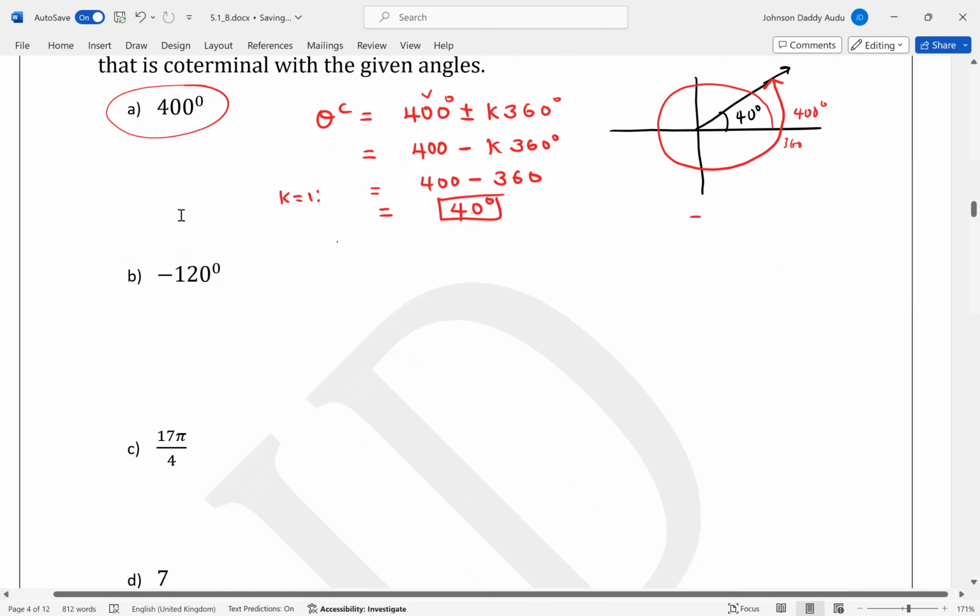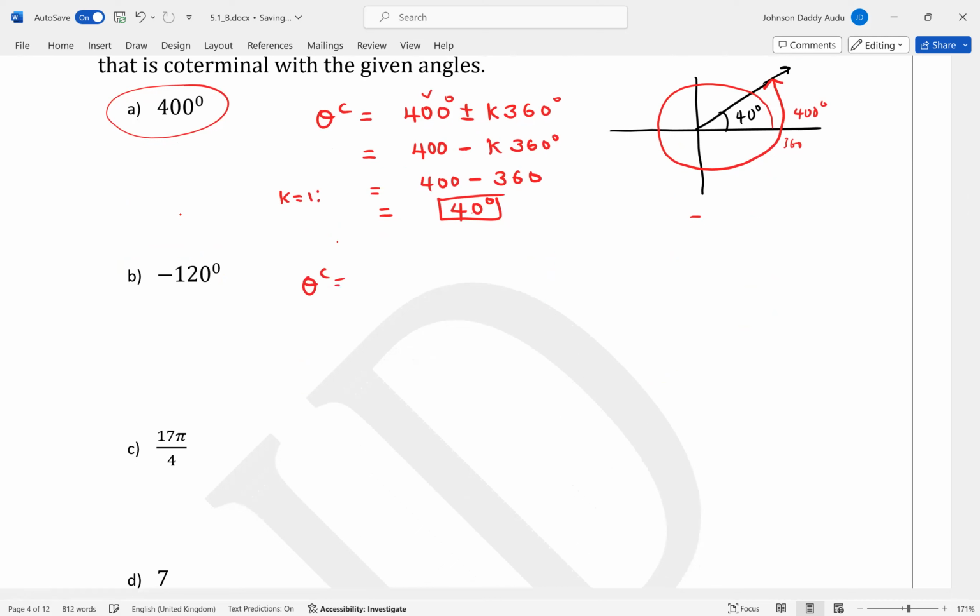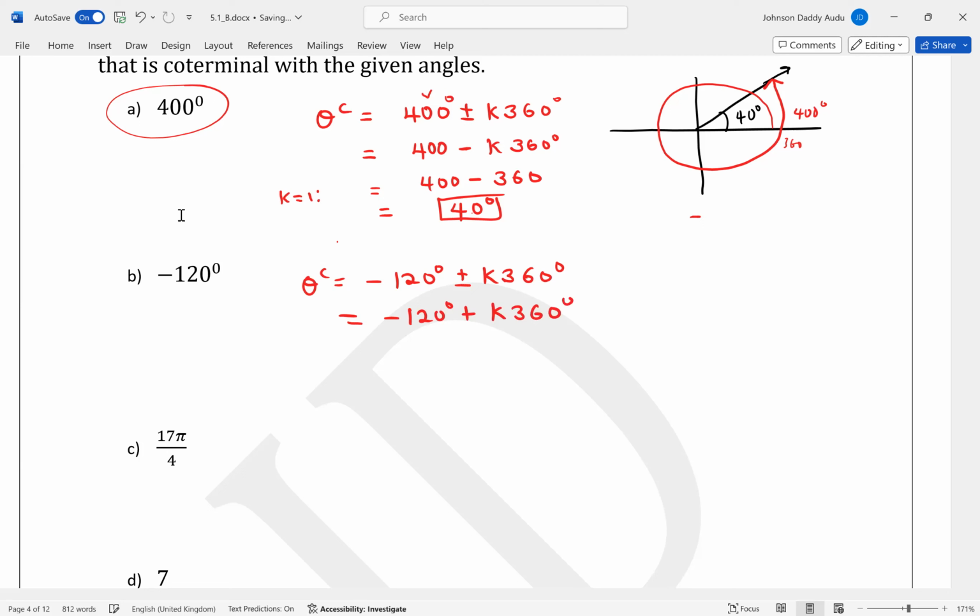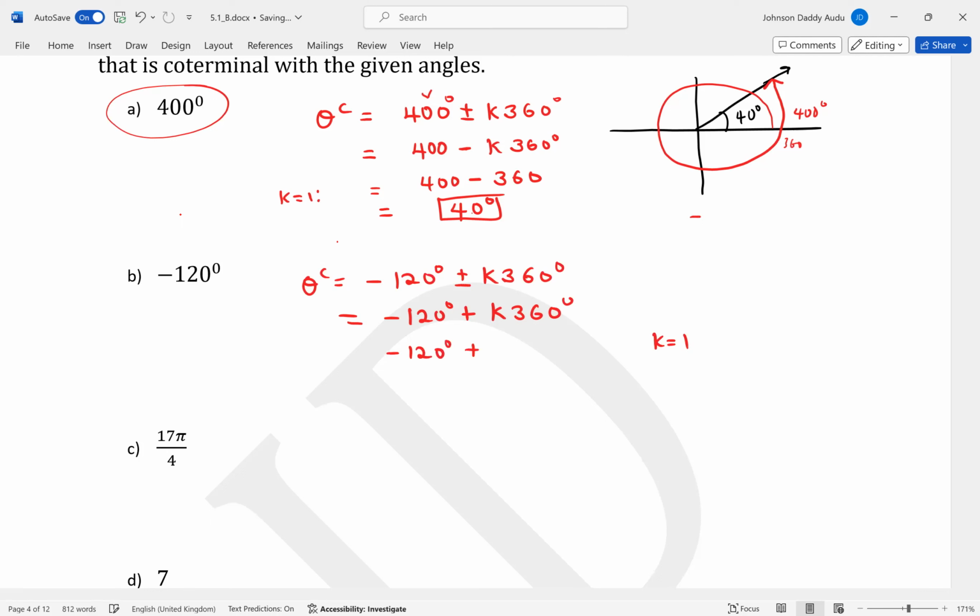Now, for B, it is the same thing. In this case, it is going to be minus 120 degrees plus or minus k times 360. But since the angle is already negative, we want to make it positive, so we should go with positive, not negative. If we take k to be 1, we get minus 120 degrees plus 360.